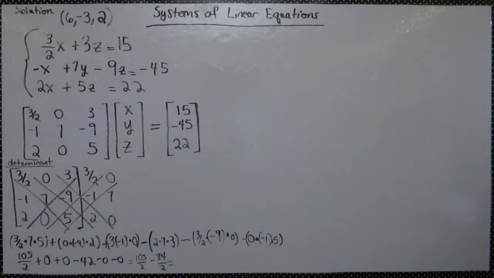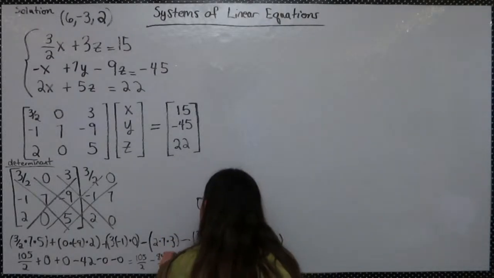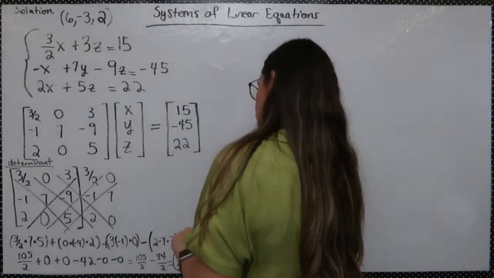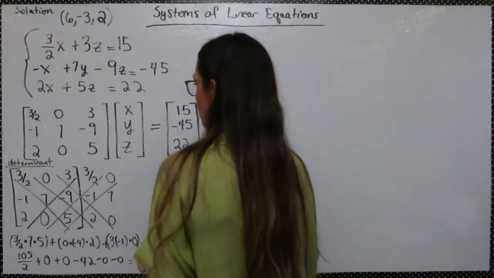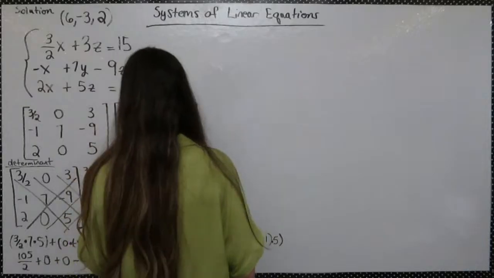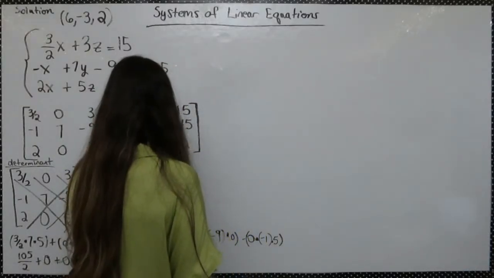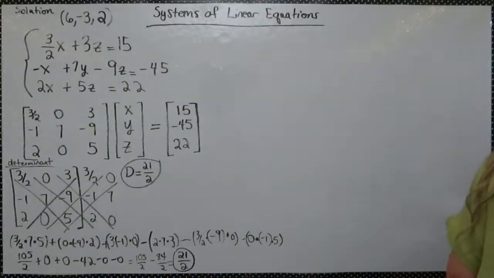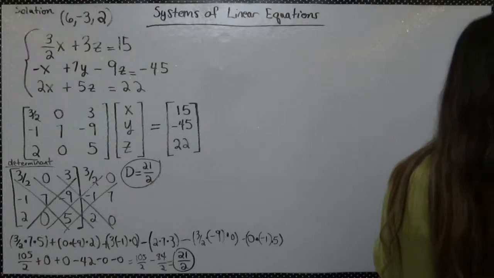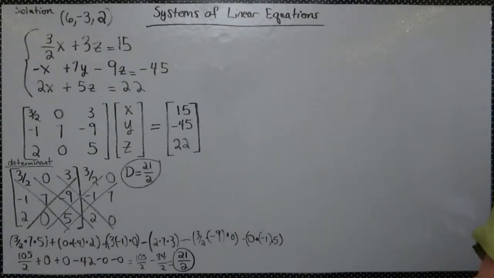Okay, it's 21. So we have the determinant 21 divided by 2. And it is not a pretty number, but if I calculated everything correctly, it's correct. So that's what matters. So determinant 21 over 2. So we'll circle that. I tried to pick a problem with fractions just because it's good practice.